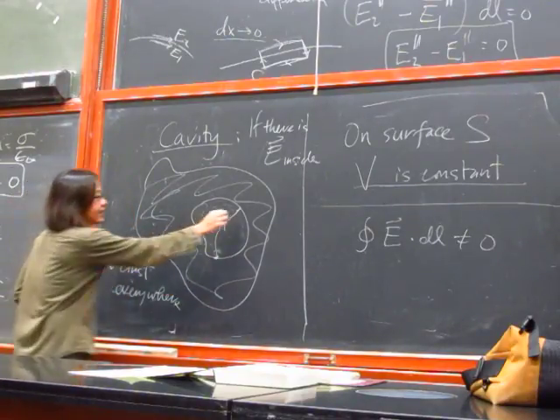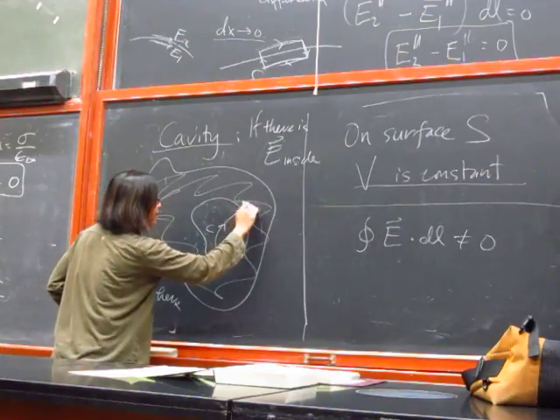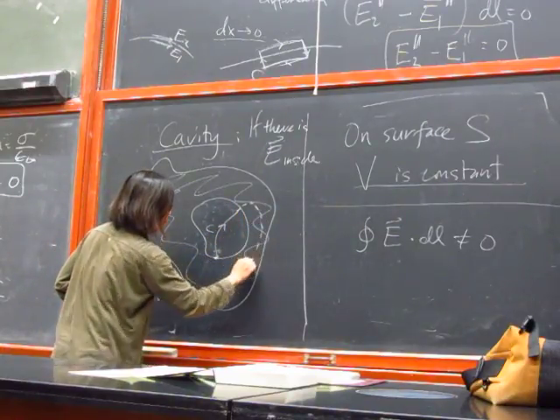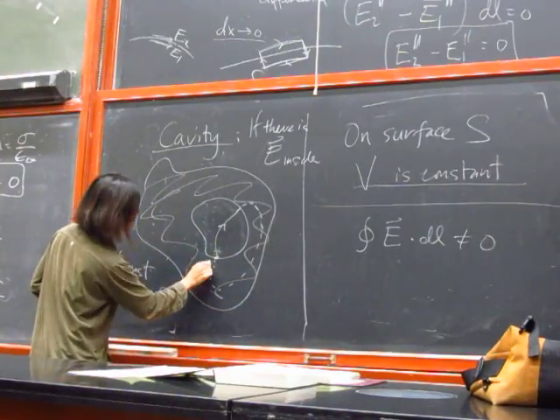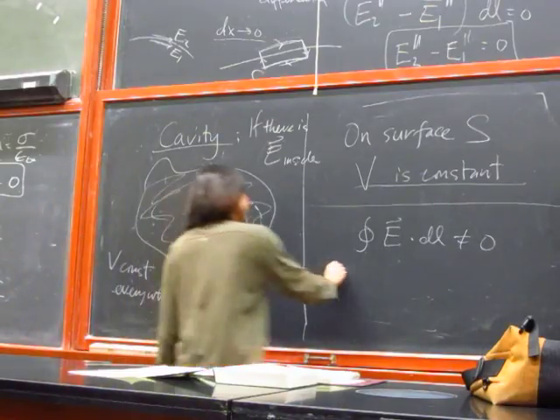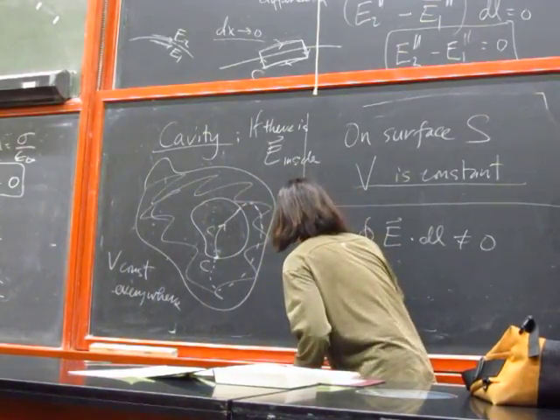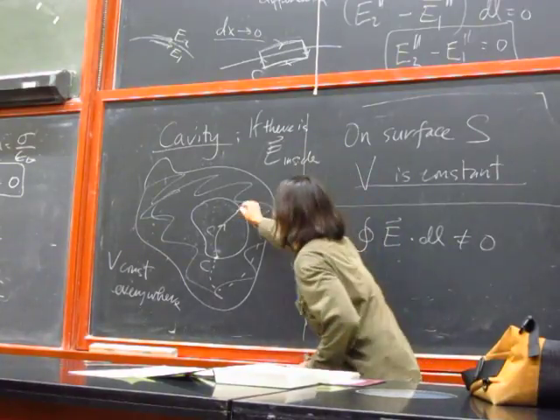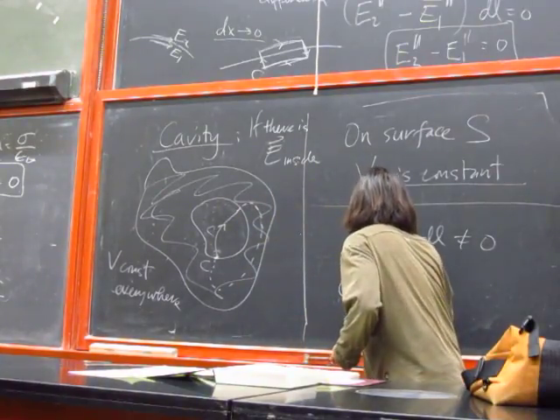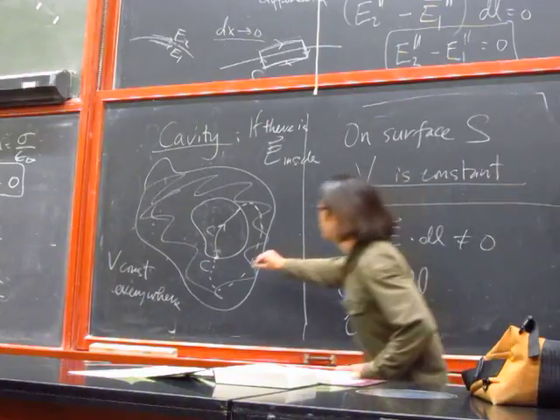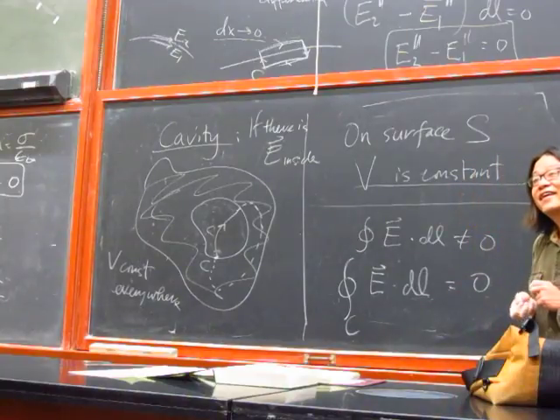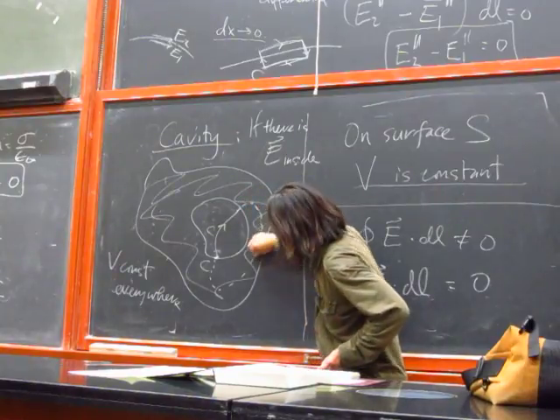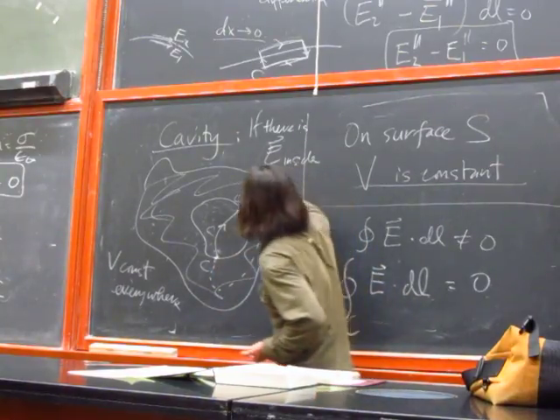Now, what I can do is close the loop here. Let's call this whole loop C. Then this integral along the closed loop, E dot dL along C, has to be equal to 0. But there is no electric field inside the conductor.